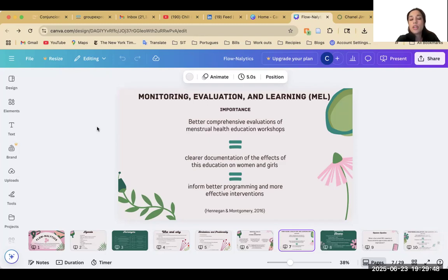And with this clear information, it could inform better programming and more effective interventions. So I think it's very clear why MEL is important.